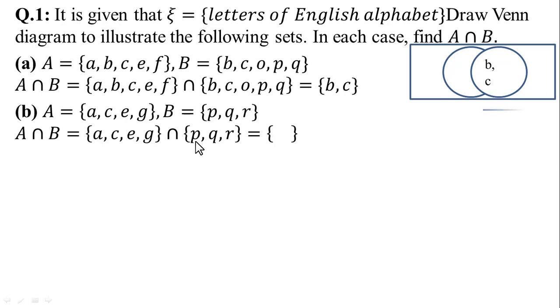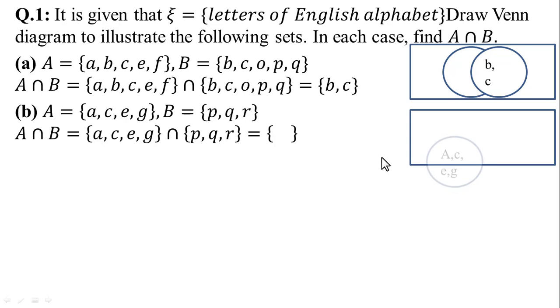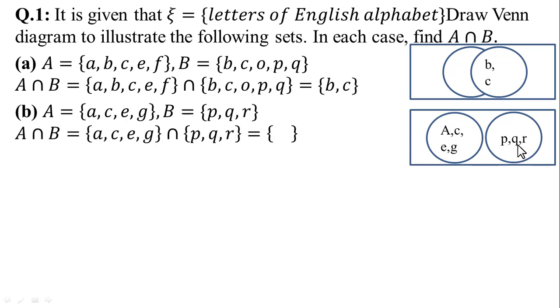Then draw the Venn diagram. First of all, this shows the universal set, and both are disjoint sets. No element is common. Then draw the first set A, C, E, G, and draw the other set P, Q, R. No element in common in both sets.